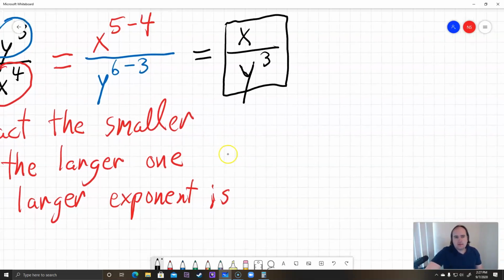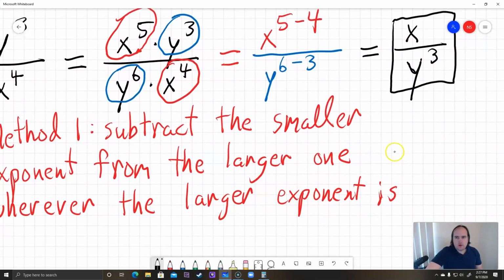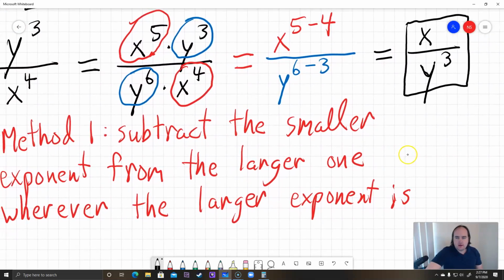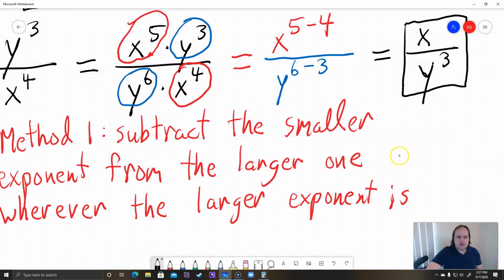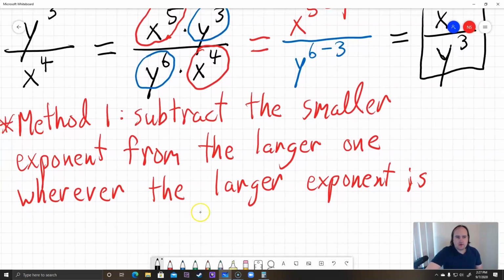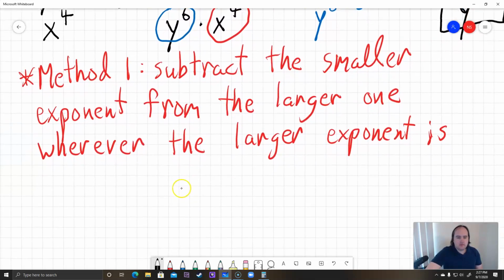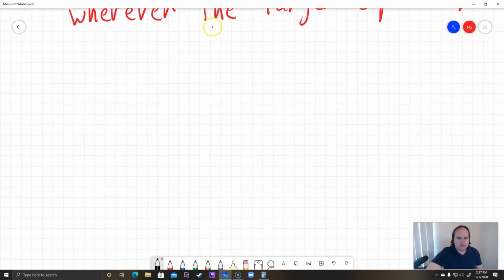Alright, most people prefer method 1, but I know sometimes in the book they use method 2. But again, in method 1, you're just subtracting the exponents, and then you're subtracting it wherever the larger one is. Okay, so let me just do method 2 really quick, so that you know about it.